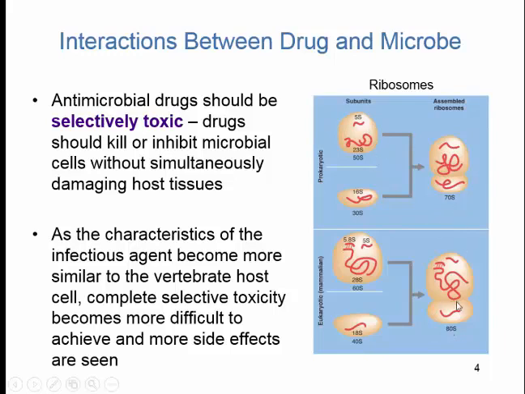But ultimately, the size and shape are about the same, and as a consequence, you end up having side effects, so nausea, vomiting, discomforts, malaise, those sorts of things take place because the drug may not be as selectively toxic as one would prefer.